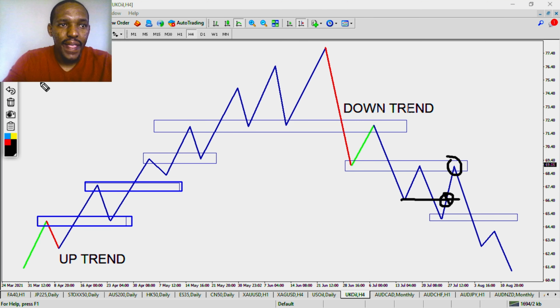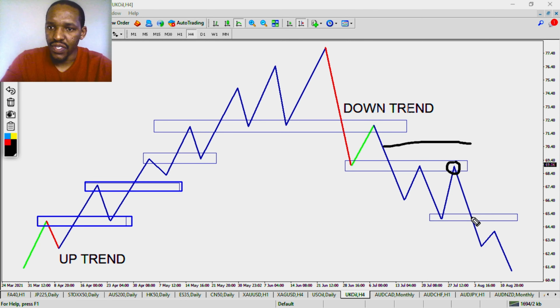So what you do with that, excuse me, you look for your sell right here, and then from there, you look for your sell right here, and then your stop loss somewhere around those areas.